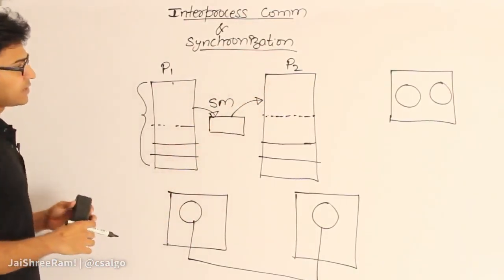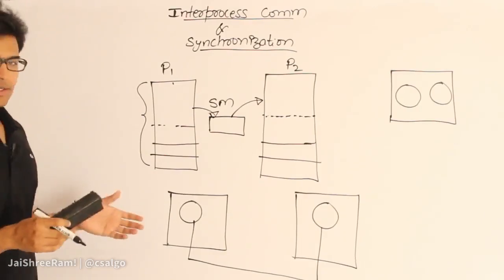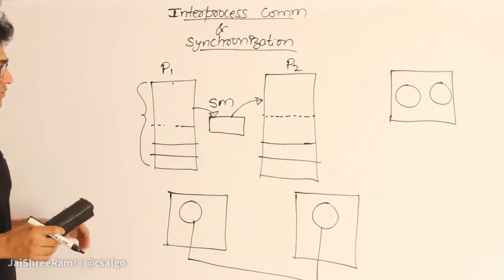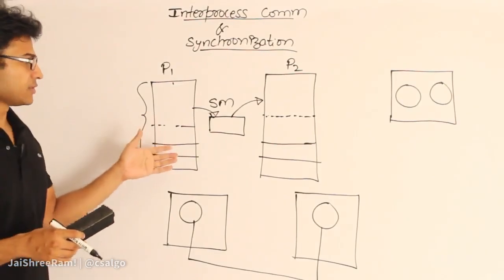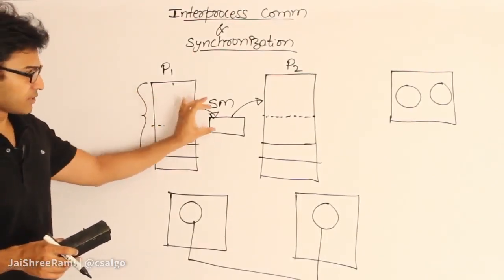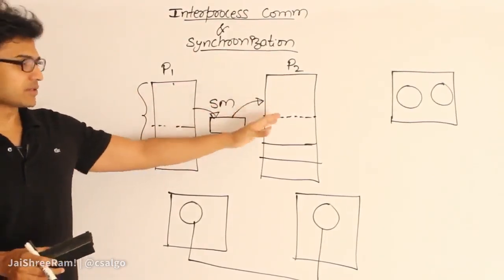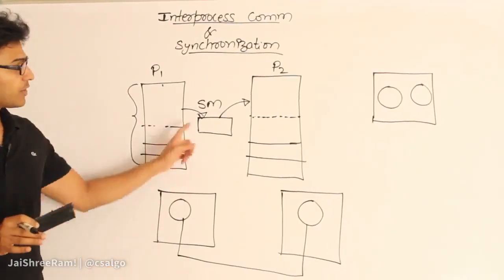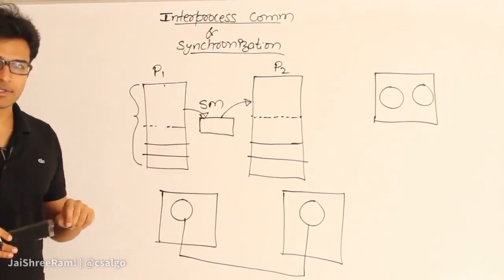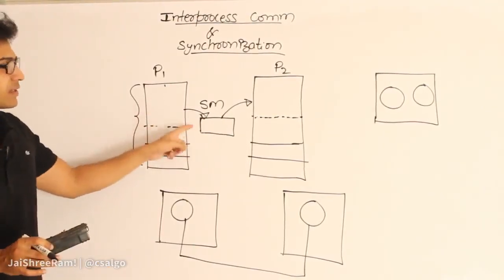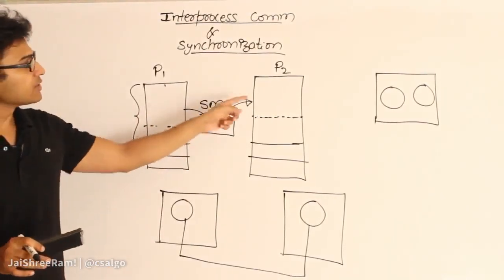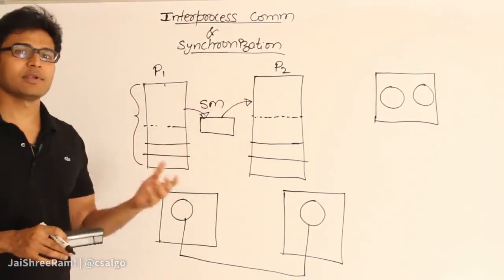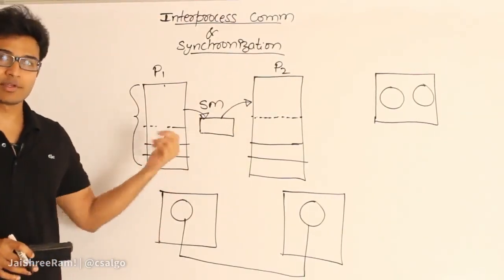As long as they are not running in parallel, that is, P1 finishes its writing and then P2 starts reading, there will be no problem. But if both of them are running simultaneously, in such a way that P1 is still writing the output and P2 is reading the input from it, there could be some problem.